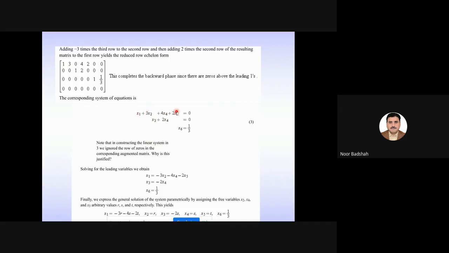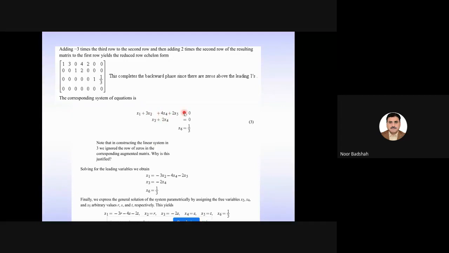And then we move toward the first equation. The first equation is saying x1 plus 3x2 plus 4x4 plus 2x5 is equal to 0. In this case, x4 is already taken as r, and then we don't know x2 and we don't know x5.